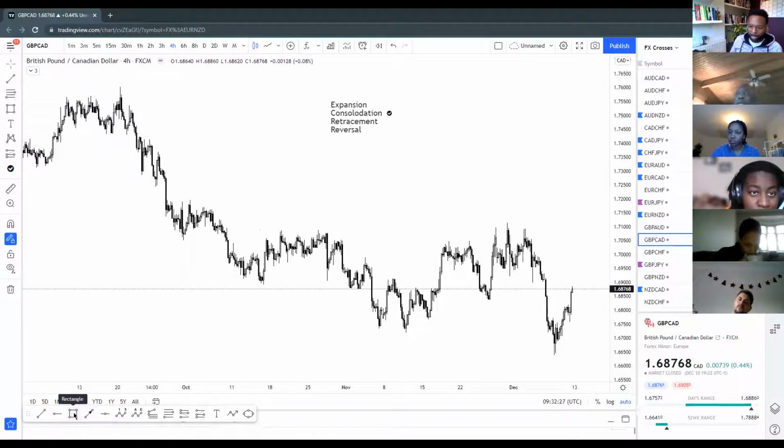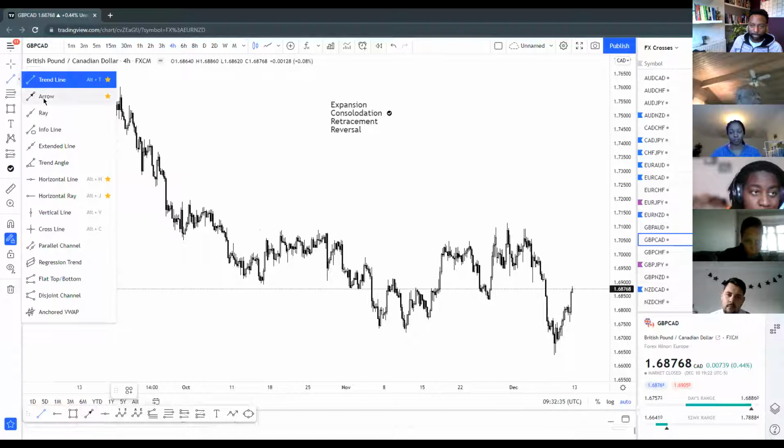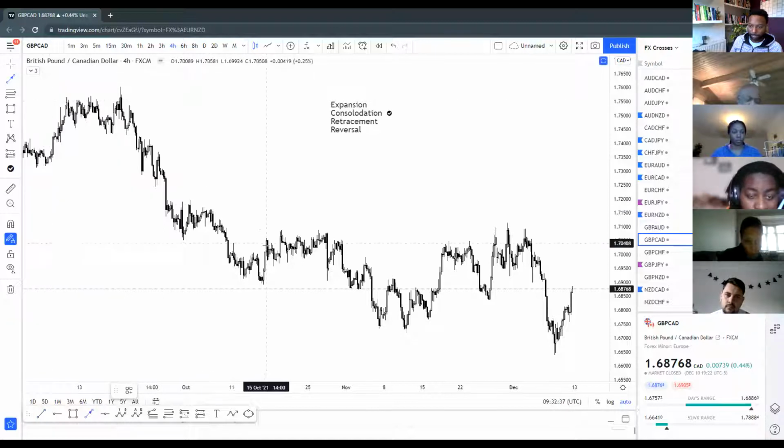An arrow pointing at it, a box, whatever you want. So we're looking for an area of retracement. And you can choose the most obvious ones.